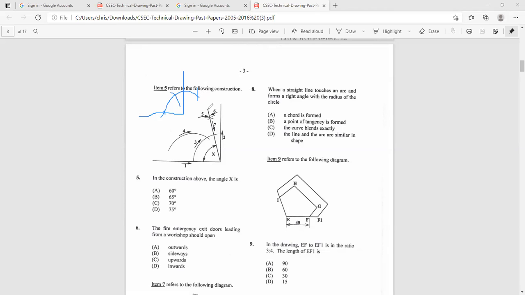Let's draw the perpendicular first, then bisect between here and there to get the vertical. If from here to here is 60, here to there is 60, here to here will be 30. So you bisect between here to here to get 75. So 60 plus 15 is equal to 75. Again, these are basic geometry that you do from grade 7. So the angle here is 75.